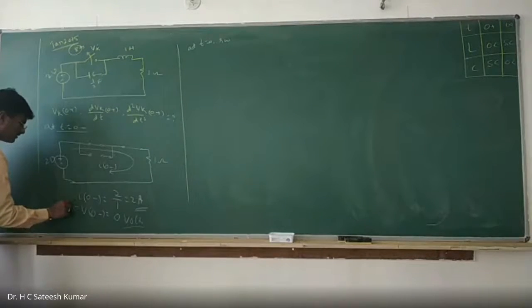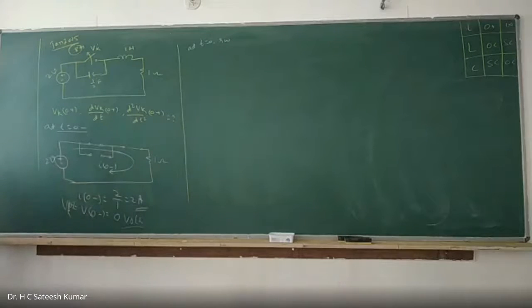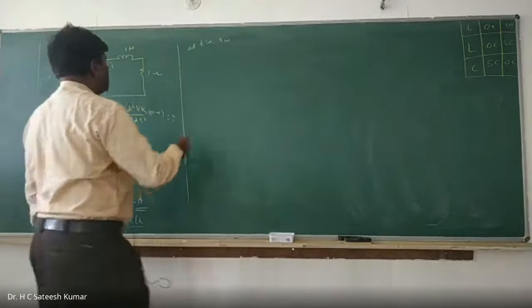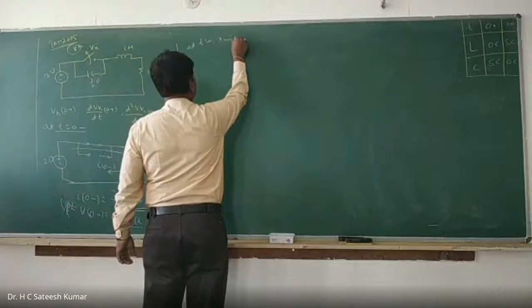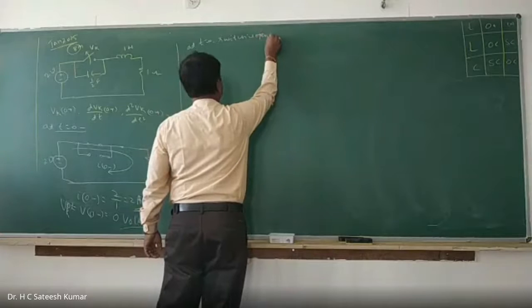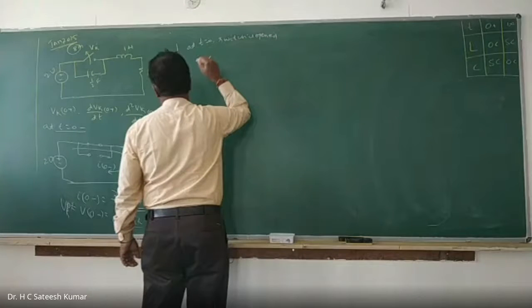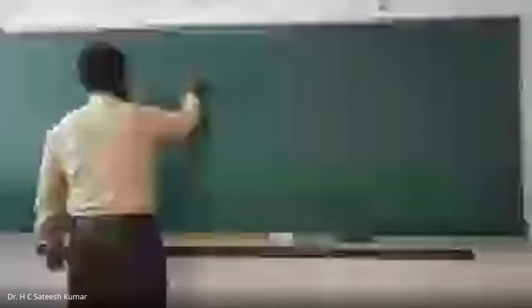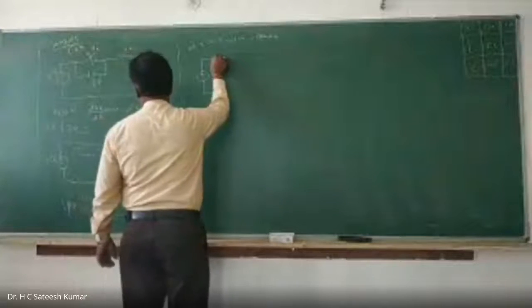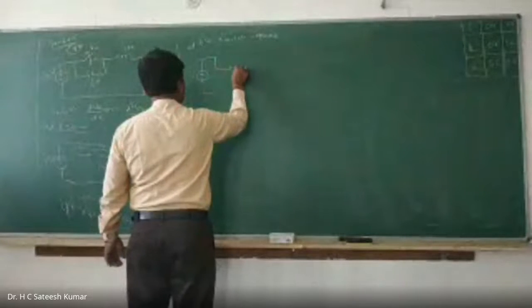Vk0 minus. Now the switch is opened at t is equal to 0. The switch is opened, what will happen? We are going to have plus and minus, and a capacitor is there.